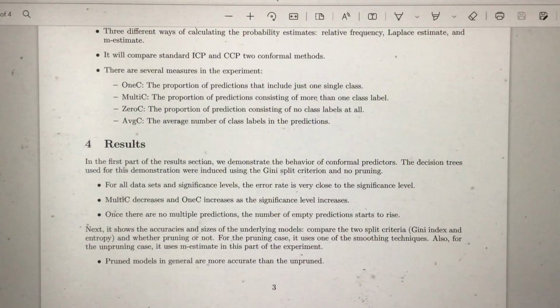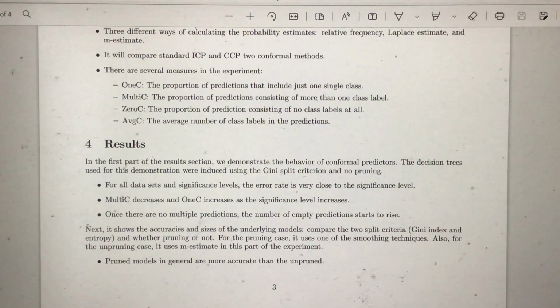That is intuitive, right? Once there are no multiple predictions, the number of empty predictions starts to rise. Okay, so this is the first part of the experiment. If you want to understand more about this experiment, you can go and see the paper.